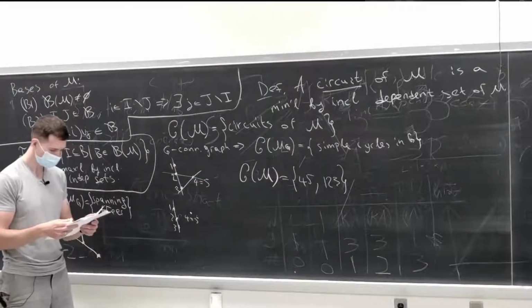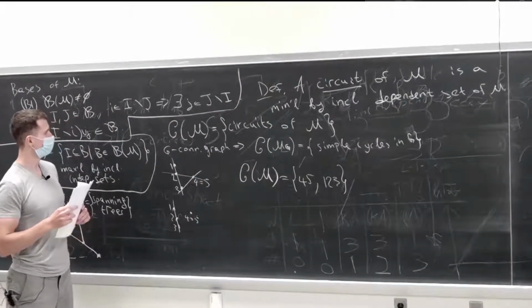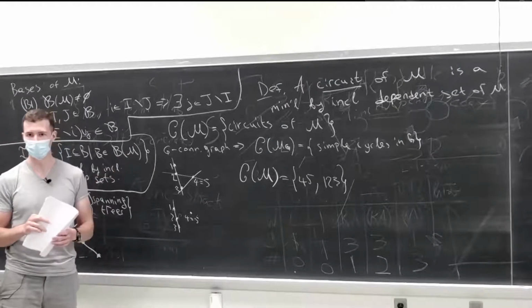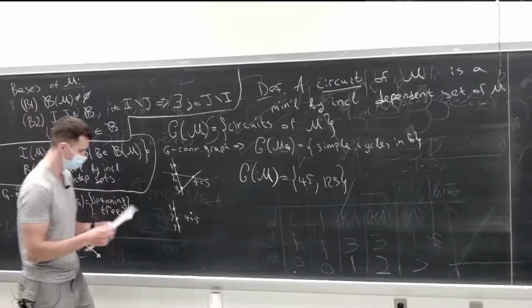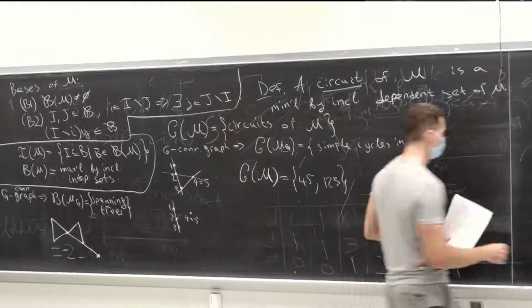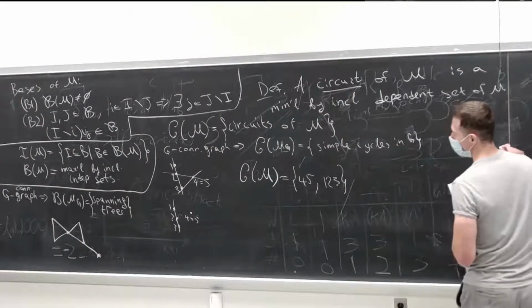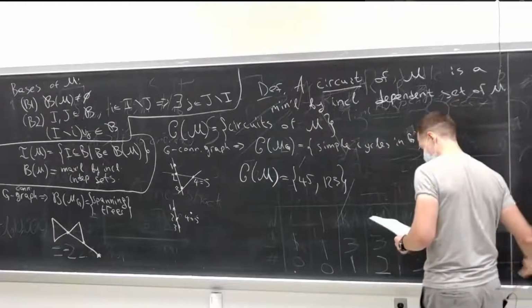So, how do you characterize circuits of a matroid by axioms? Let's do this here.